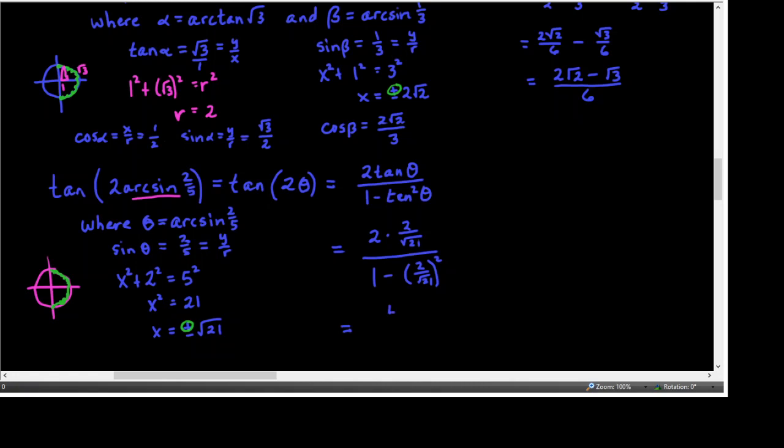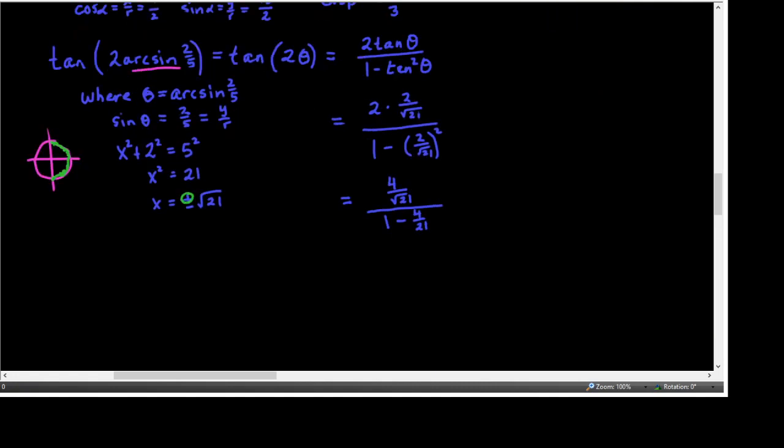That gives us 4 over the square root of 21 divided by 1 minus 4 over 21. Let's see. Which is 4 over the square root of 21 divided by 17 over 21.